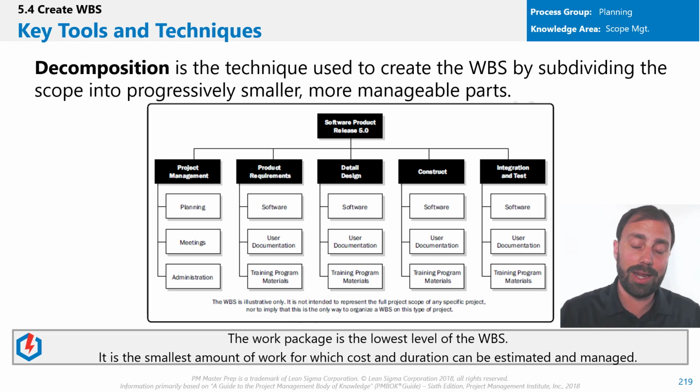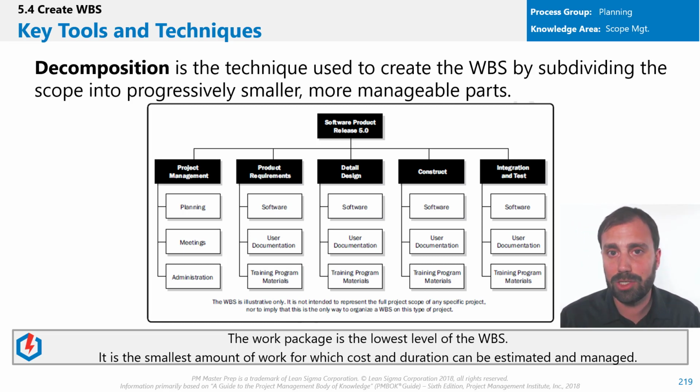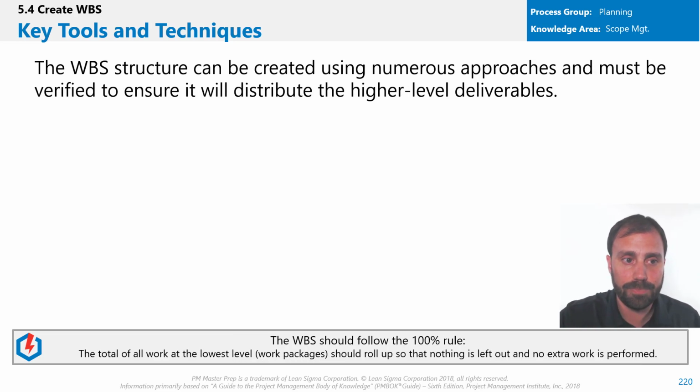And it is the smallest amount of work for which cost and duration can be estimated and managed. So that's a good factor to remember. What is the smallest amount of work for which cost and duration can be estimated and managed? The work package. So if it's a little too high and you can't assess what the cost and duration is, you need to go lower and you get to the work package.